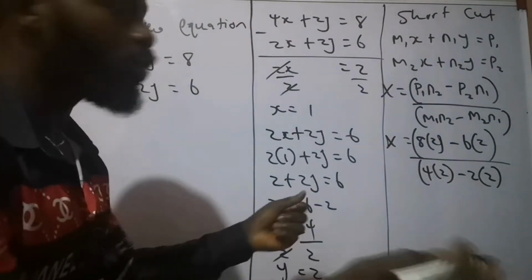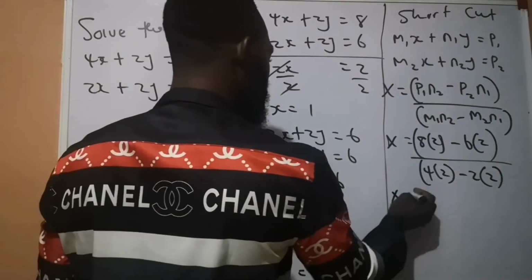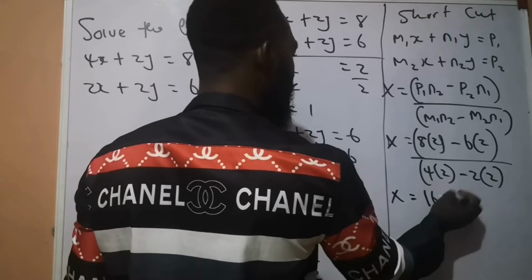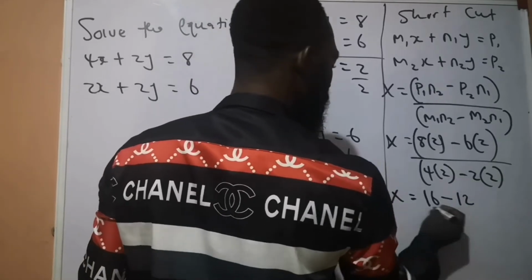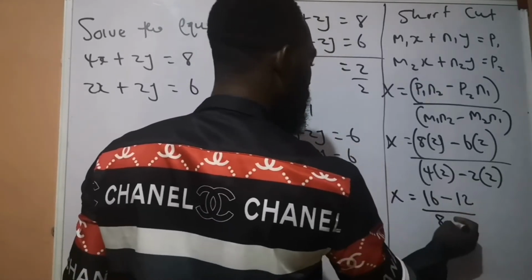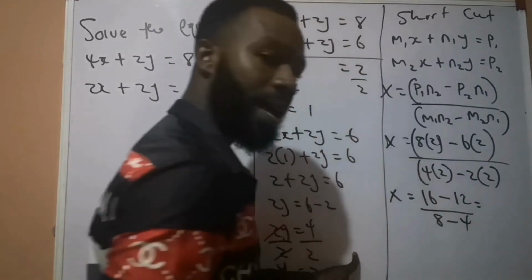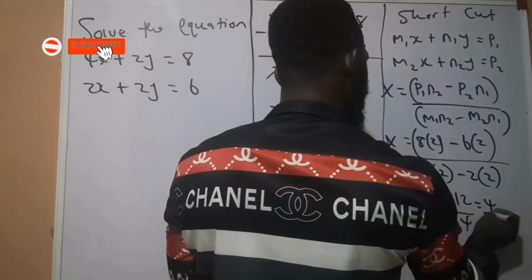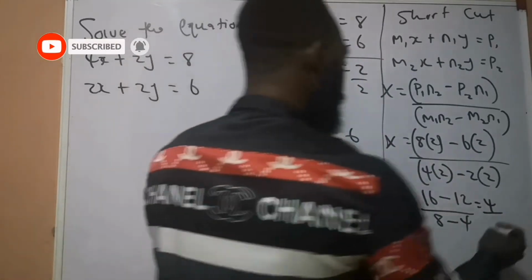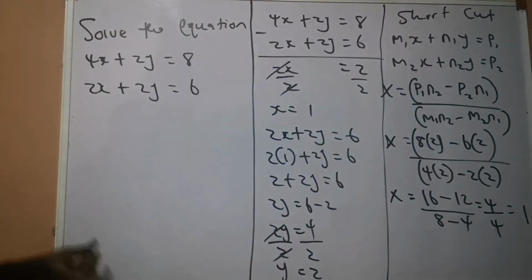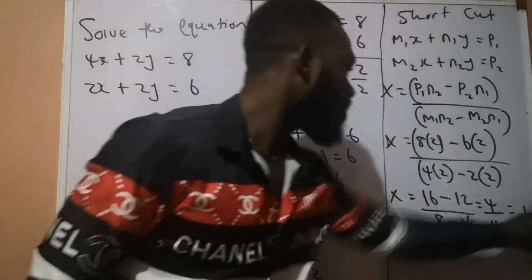If we do this, we're going to have x equal to 8 times 2 is 16 minus 6 times 2 is 12, over 4 times 2 is 8 minus 2 times 2 is 4. So 16 minus 12 is 4, over 8 minus 4 is 4. And 4 divided by 4 is 1. You see, the same answer. x is 1.